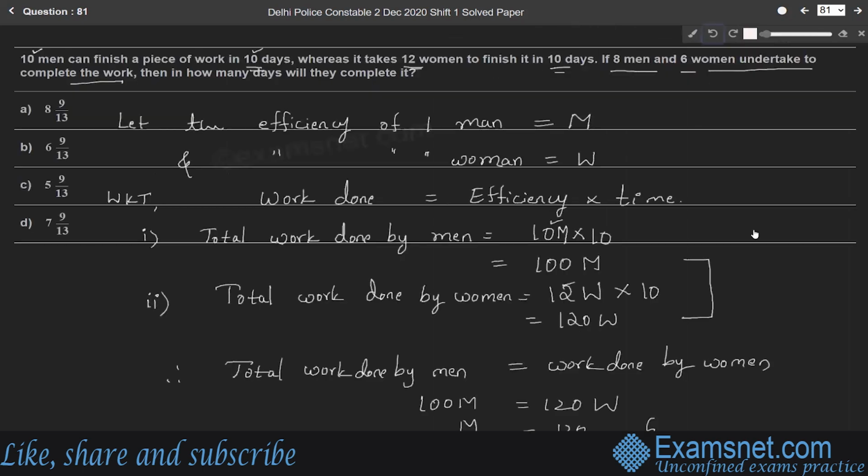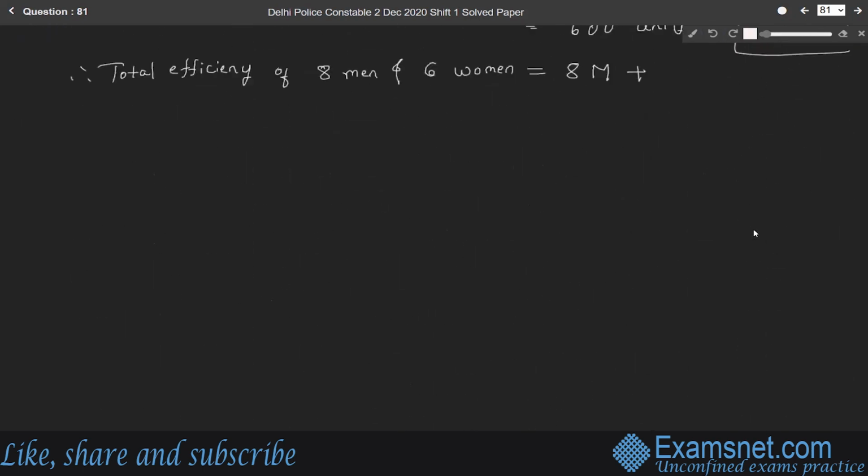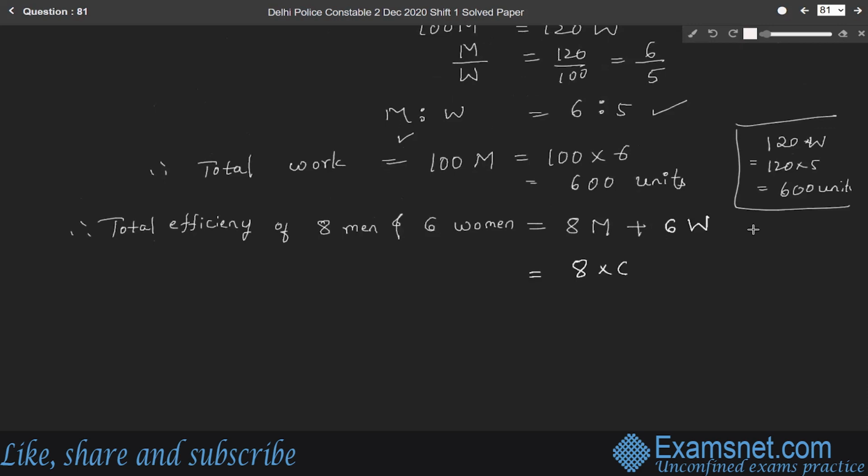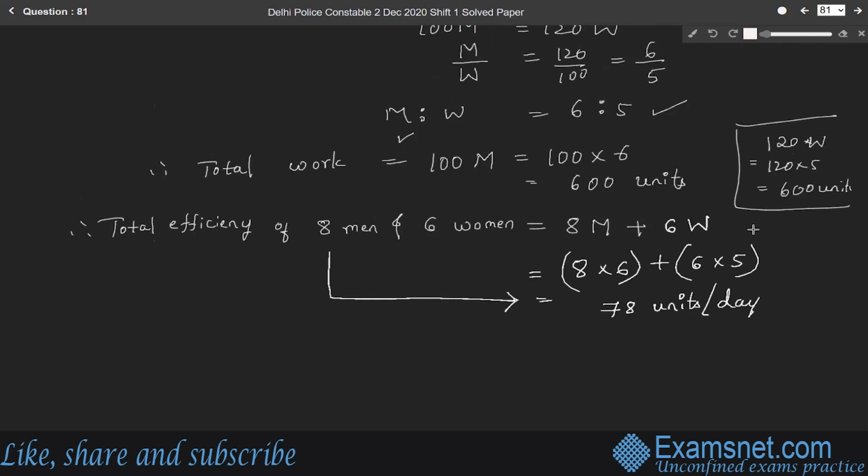The efficiency ratio is 6:5, so 8 into 6 plus 6 into 5, which is 48 plus 30, which is 78 units per day. Total efficiency of 8 men and 6 women is 78 units per day.